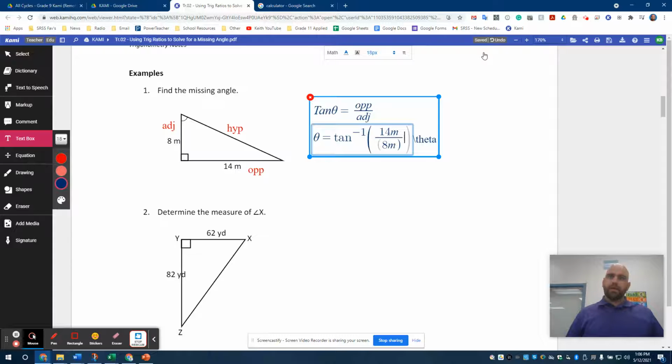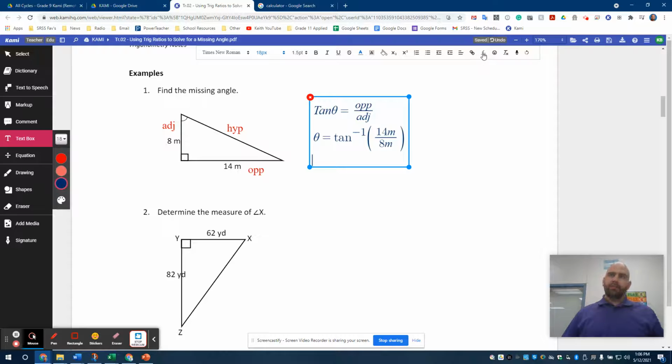Okay, so now we're going to do this on our calculators and try to figure out what theta is.